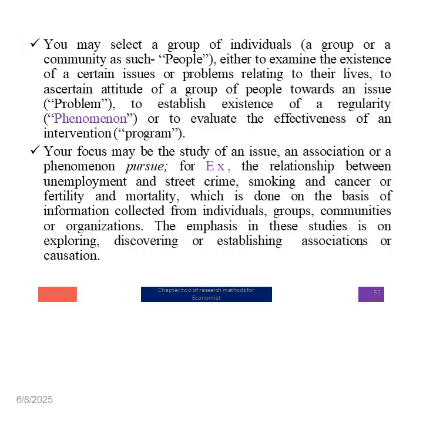You may select a group of individuals, a group or community as people, either to examine the existence of certain issues or problems relating to their lives, to ascertain attitudes of the group of people toward an issue, that issue is a problem, to establish the existence of regularities, that is phenomena or events, or to evaluate the effectiveness of an intervention, such as a program.